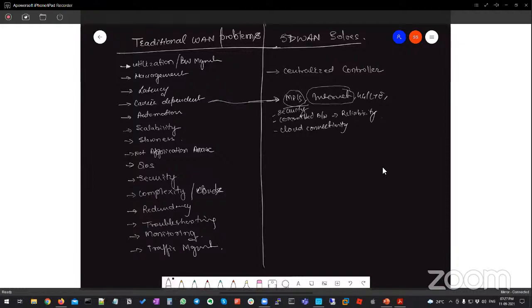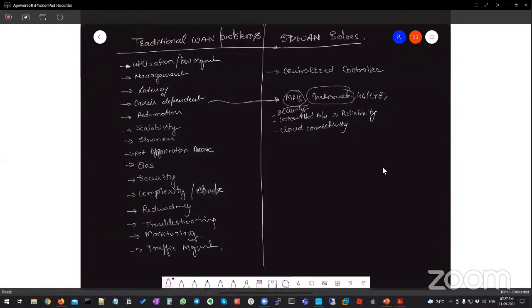Second, related to security, so that is the main concern. Related to security, your SD-WAN solves the security parameter. By default, when you start enabling the SD-WAN solution, it is going to make an automatic IPsec tunnel without any configuration.